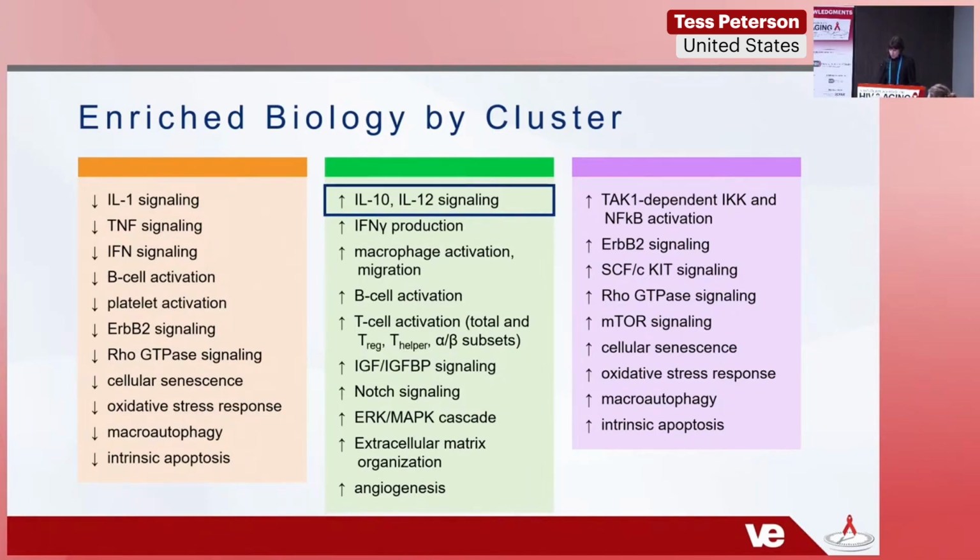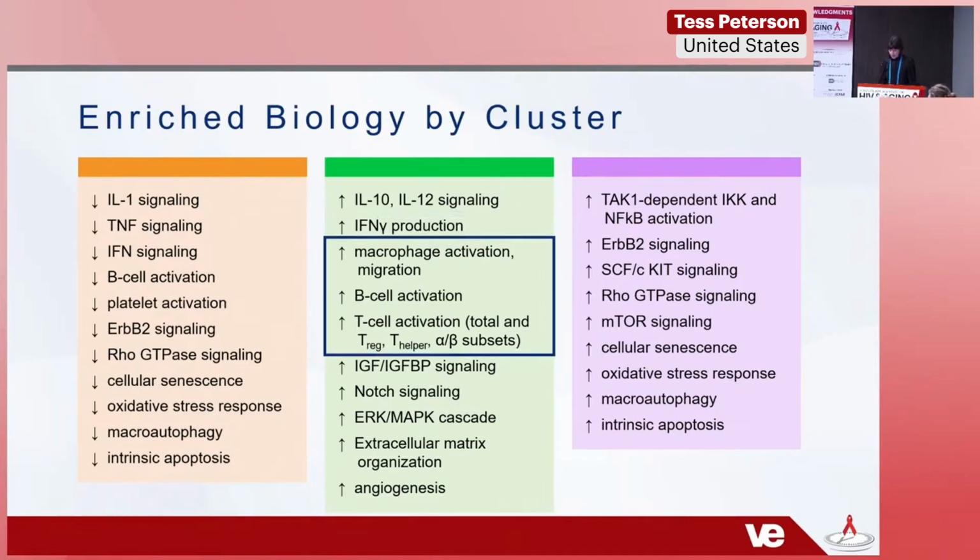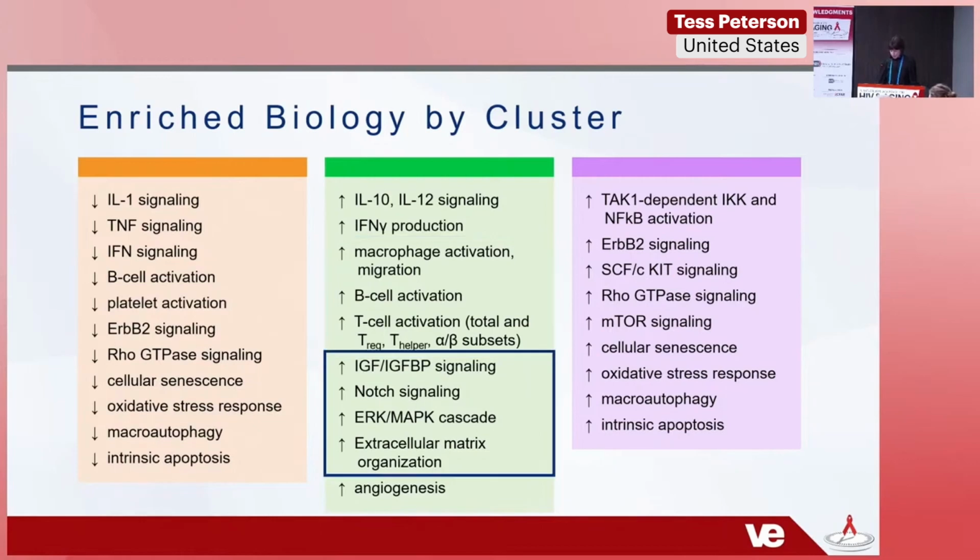We also see enrichment of higher interferon gamma production and activation and migration of macrophages, B cells, and T cells, including a handful of specific subsets there. Lastly, some processes involved in tissue homeostasis and turnover, including insulin-like growth factor signaling, Notch signaling, and the MAP kinase cascade, as well as angiogenesis.